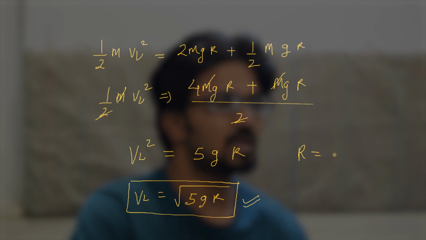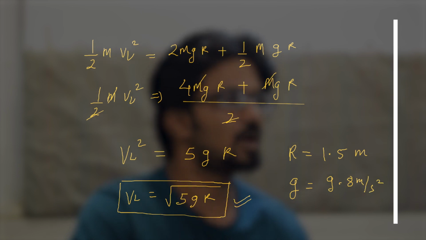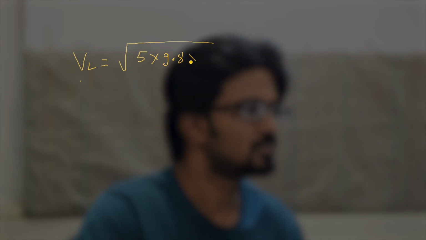Now if we take, for example, r as 1.5 meters for an experiment, and g as usual 9.8 meters per second square, we can calculate how much the velocity at the lowest point would be so that it can reach the top. So VL is nothing but under root of 5 into 9.8 into 1.5.